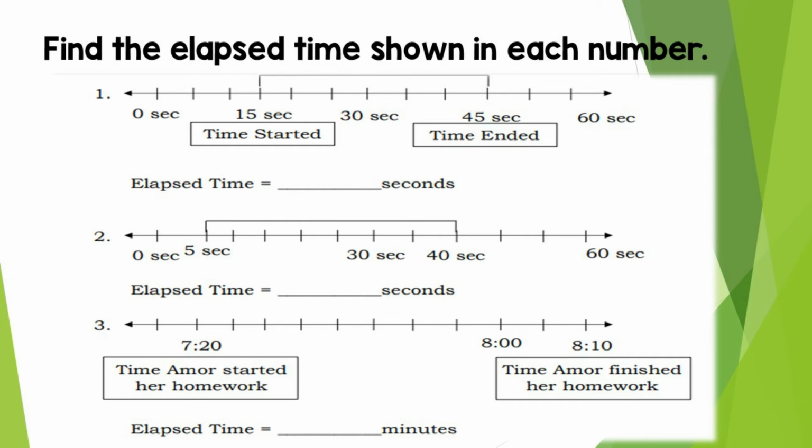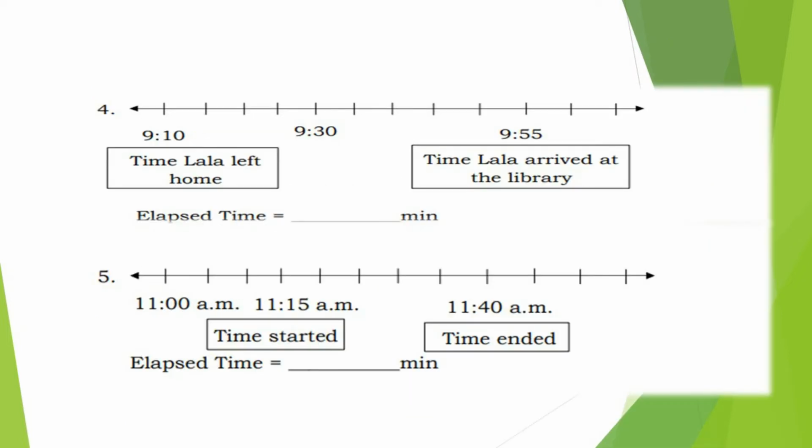Okay, let's have more activities. Find the elapsed time shown in each number. Let's start with number 1, 2, and 3. Next, let's answer number 4 and 5.